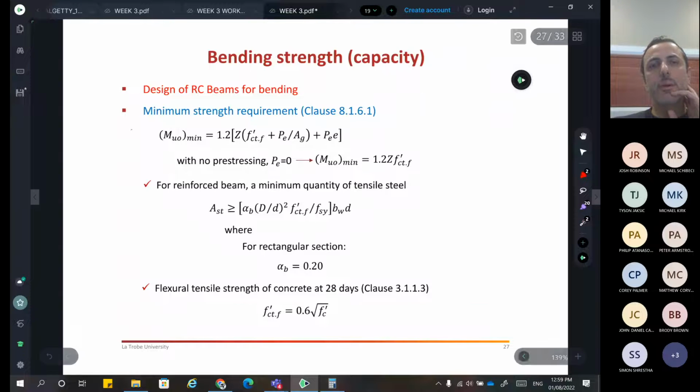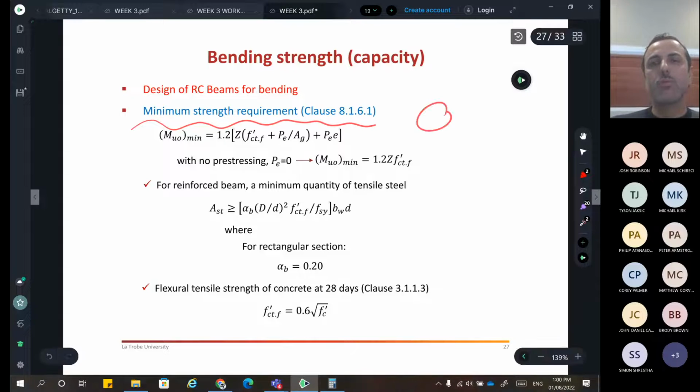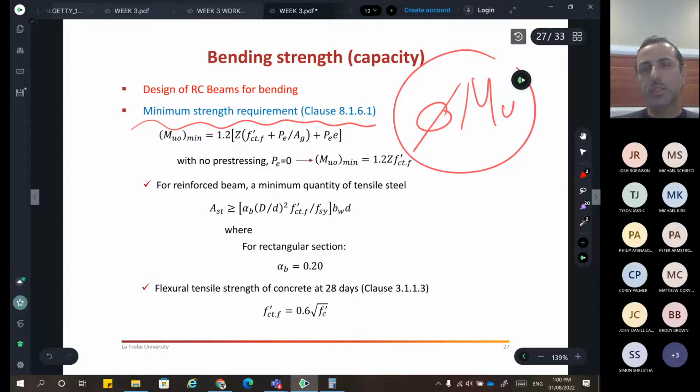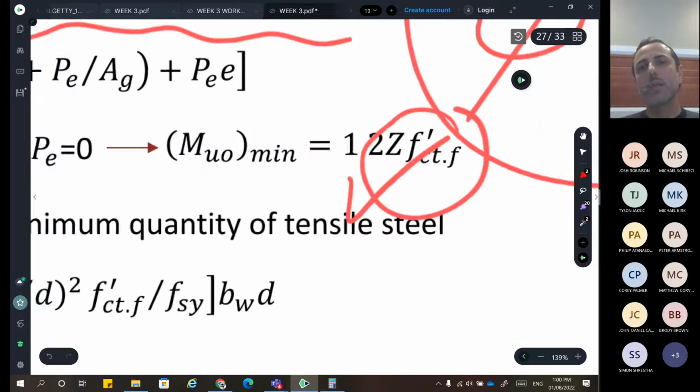These are the minimum strength requirements, which, as we do the design and finish the design and find our Mu as per the first principles I showed you, we have to check. We have to do a few checks, and some of them are here. One of them is that you need to make sure your strength is minimum 20% more than the cracking moment. This is from the standard.